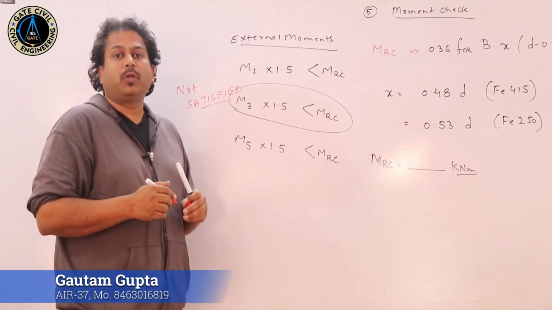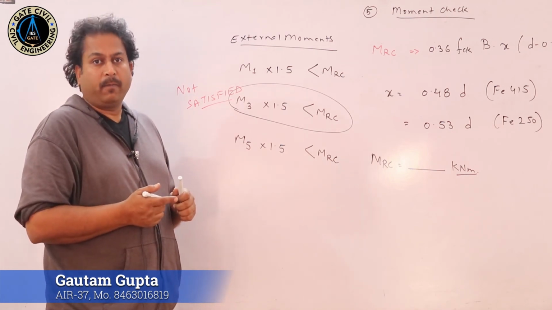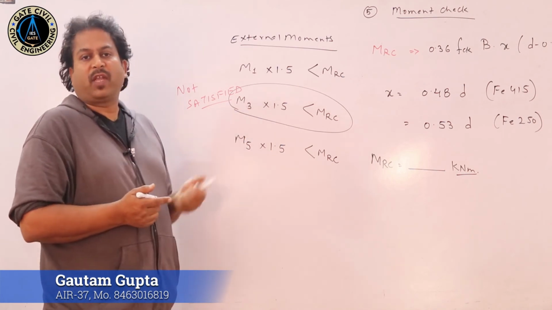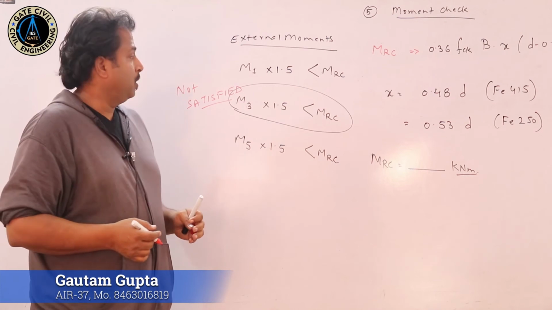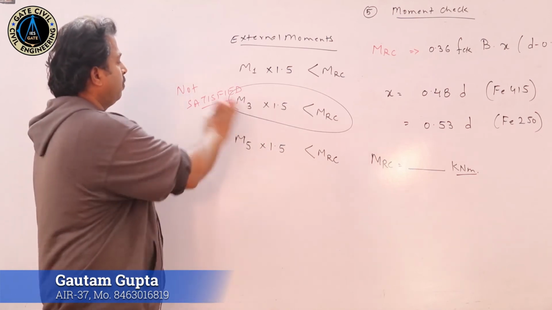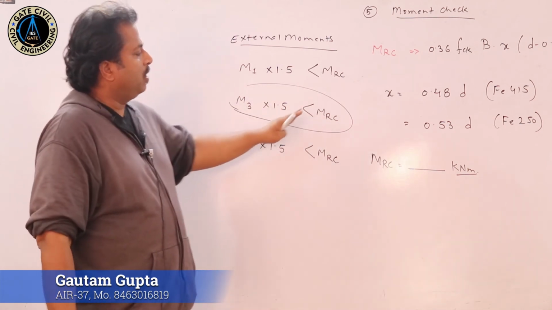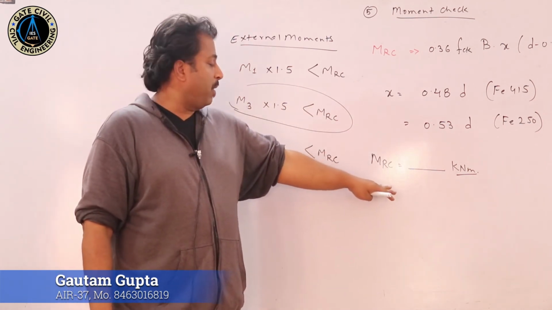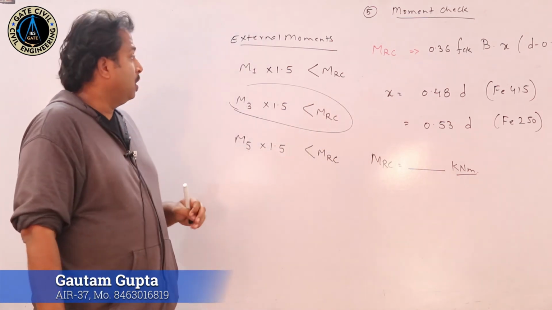You have an option of increasing the effective depth of the footing. So you can easily increase the effective depth of the footing and do the recalculation. So just removing this part again. So we have checked the external moments against the moment resisting capacity of the concrete for a balanced section.